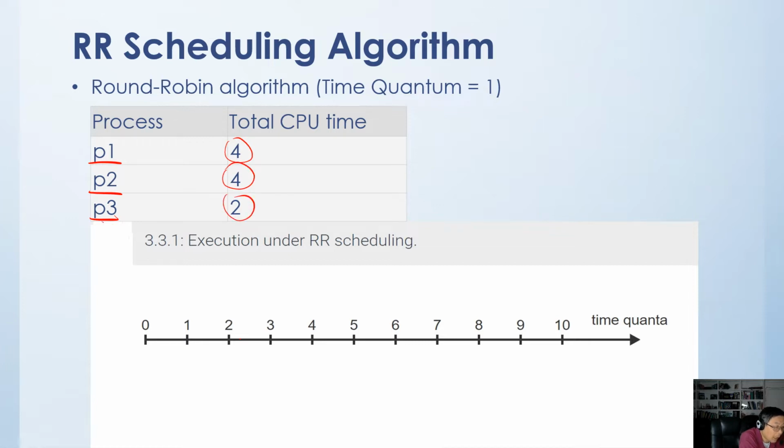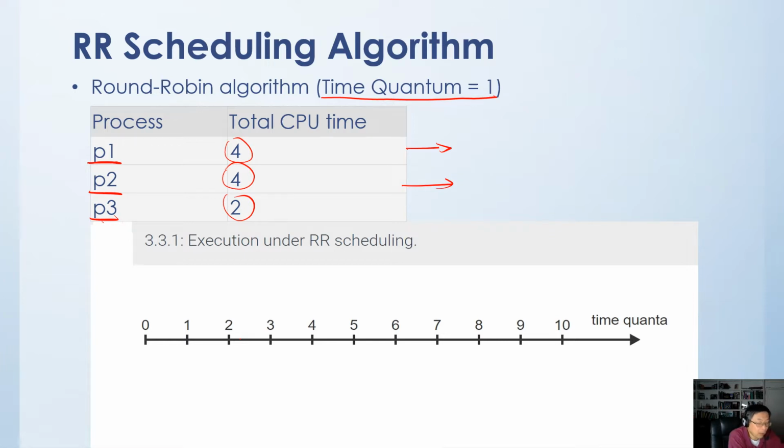Then we need to determine the time quantum. Let's say the time quantum is 1. This means process 1 is going to take 4 time quantums, and process 2 is going to take 4 time quantums.